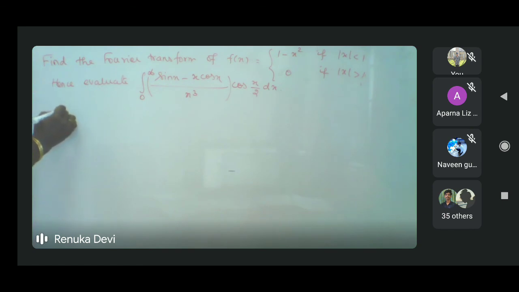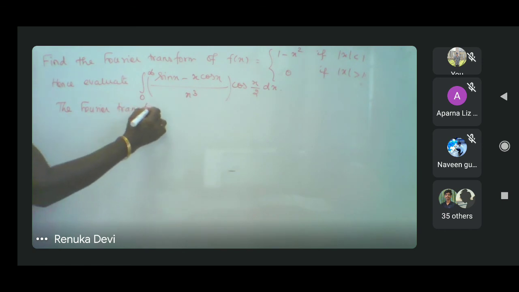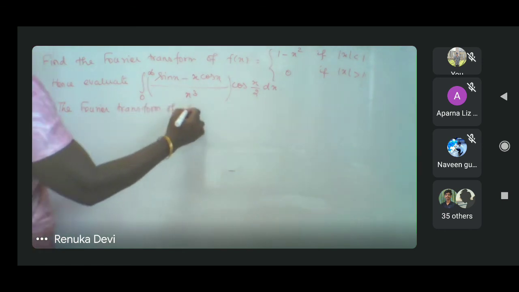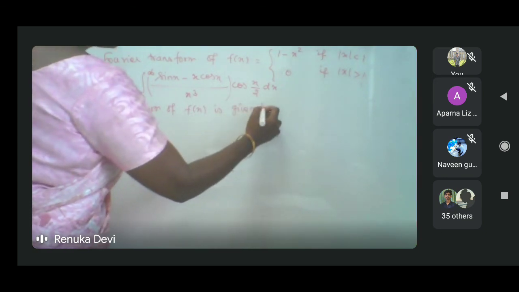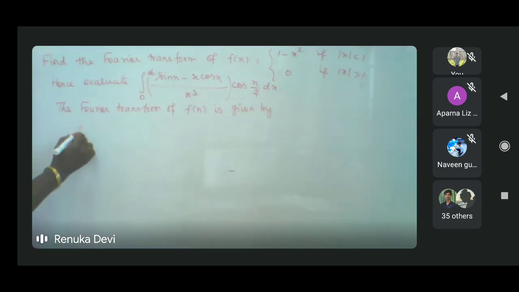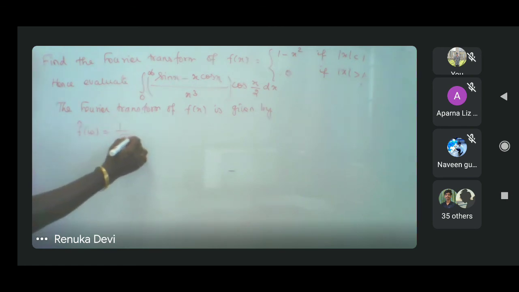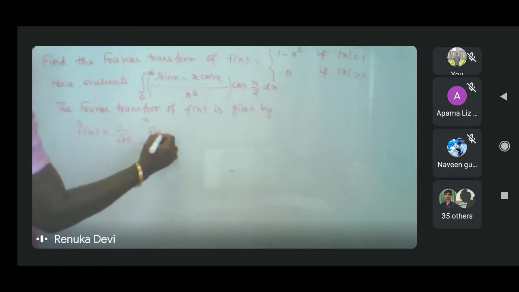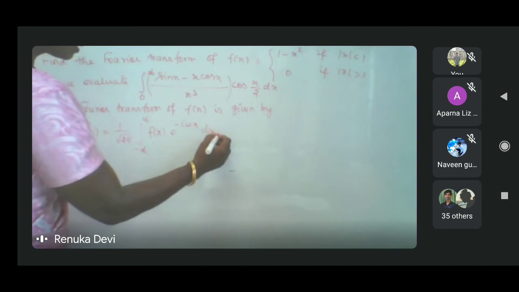So the Fourier transform of f of x is given by f cap of w. F cap of w equal to 1 by root 2 pi integral minus infinity to plus infinity f of x e power minus i w x dx.